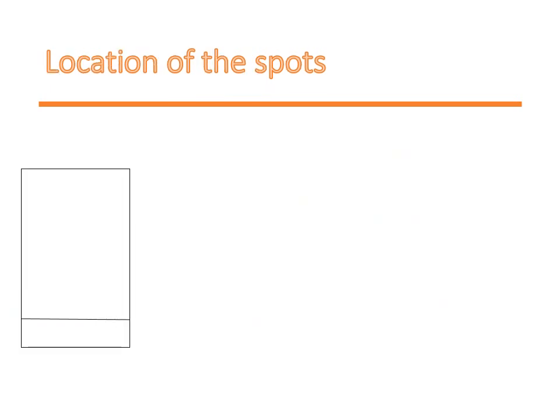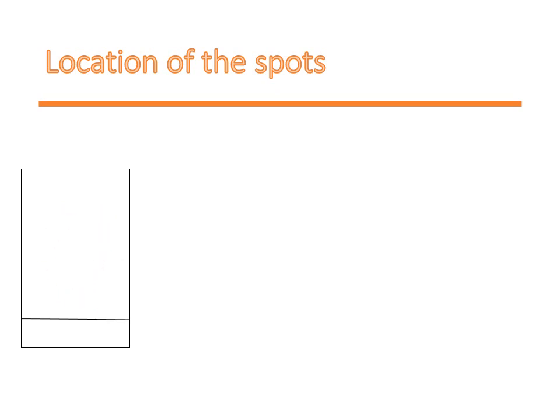Now let us understand the location of spots. If the sample contains colored components, they can be easily visualized. However, if the sample contains components which do not have color, the paper looks something like this, where we are not able to see anything on the paper.